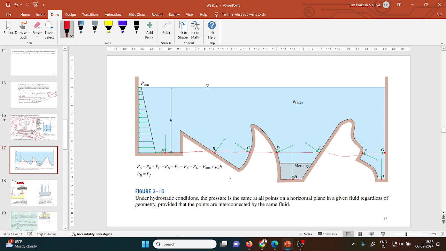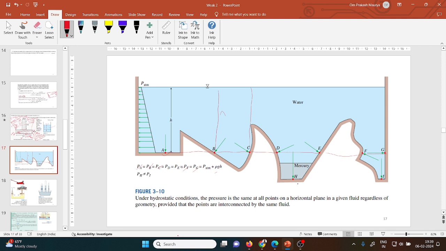Here you can see pressure at A, B, C, D, E, F, G are all equal to atmospheric pressure plus rho gh. This height is also h, this height also h. There is no dependency on the structure of the fluid container.